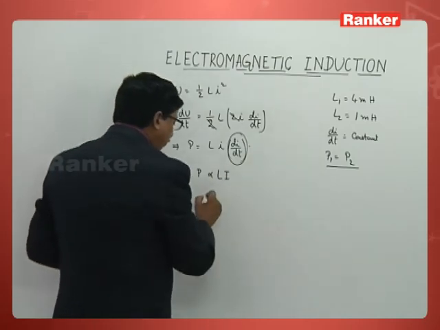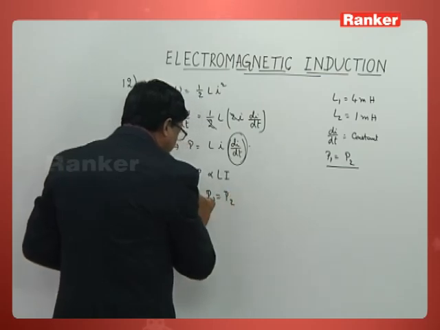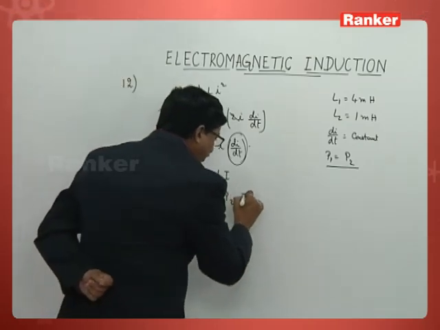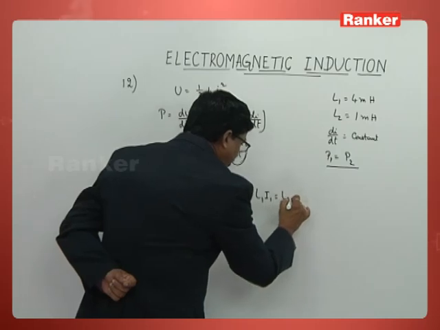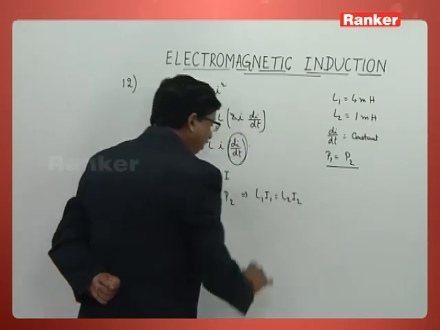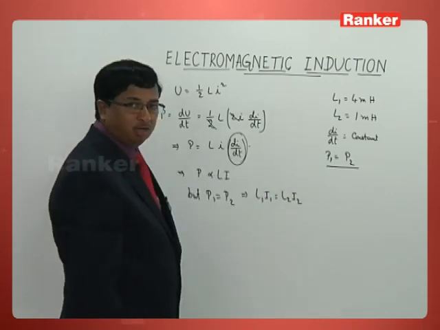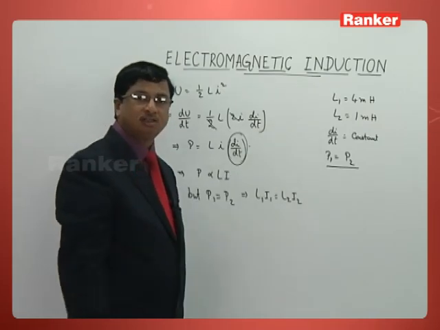That is the condition that has been mentioned. But powers are equal, then what can I write now? This gives you L1 I1 must be equal to L2 I2. Power values are equal in both the coils. That's what has been mentioned there.